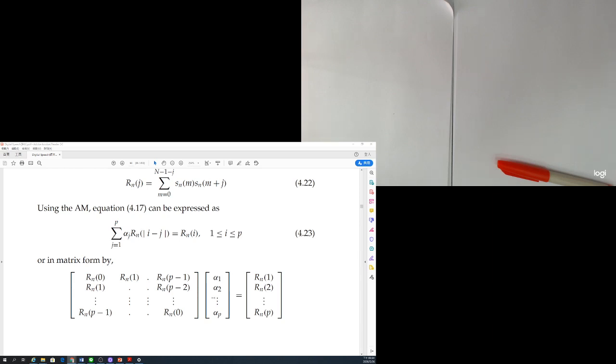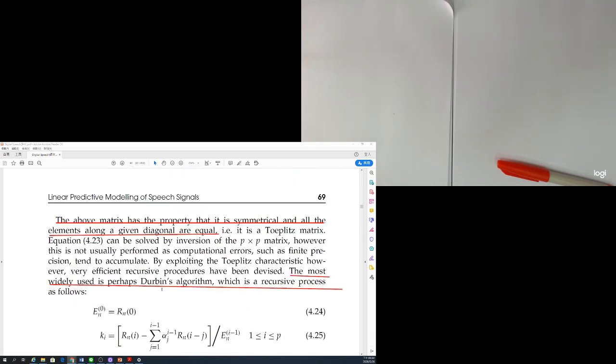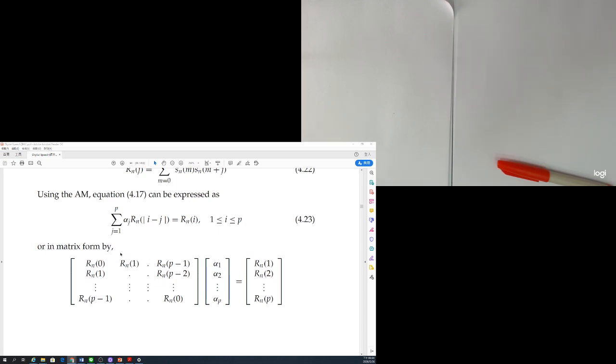So this one becomes a matrix, and we try to solve the matrix. You try to get R1, R2 up to RP here. So how to solve it? This one has some characteristics, some spatial features.